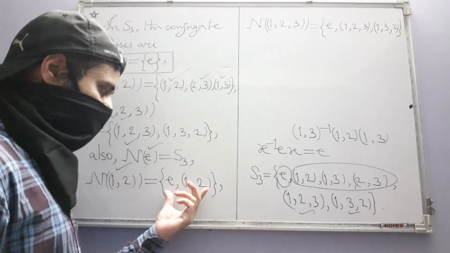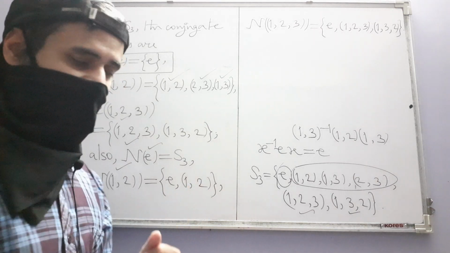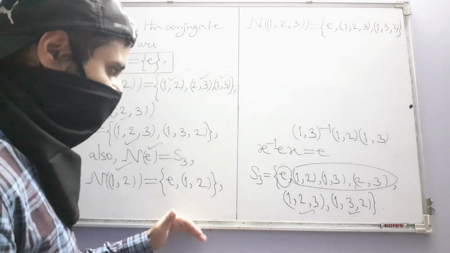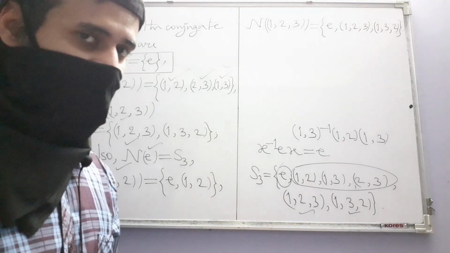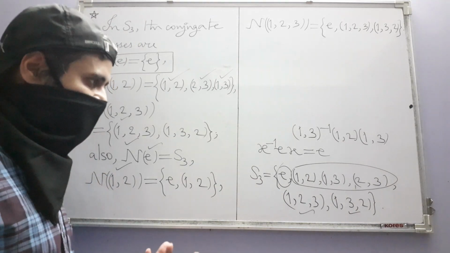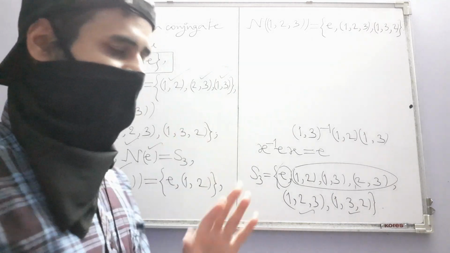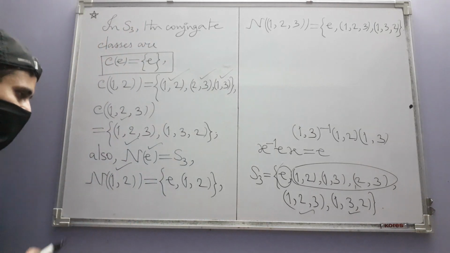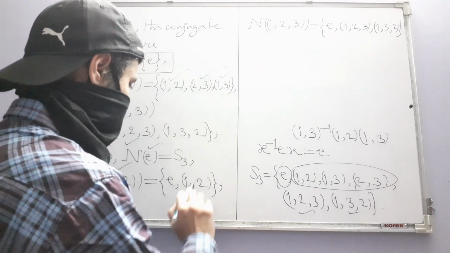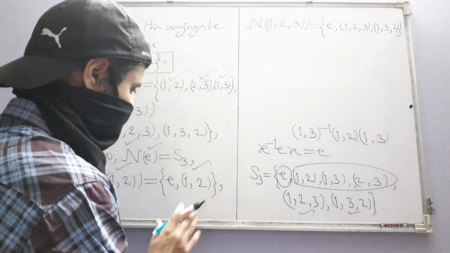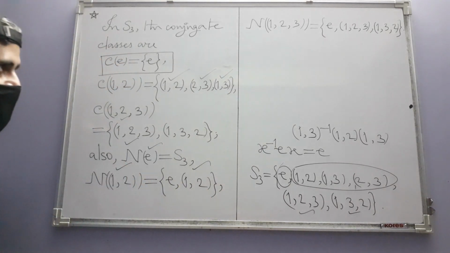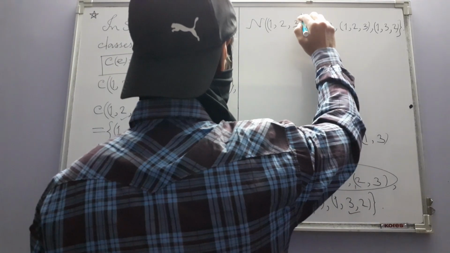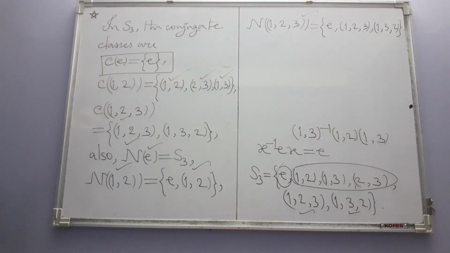So if it already has 2 elements, and it must have more than 2, it can then have either 3 elements or 6 elements, because we have Lagrange's theorem also. So keeping those things in mind, you will see that this is in fact the normalizer of (1 2), and that's how you can also verify this.